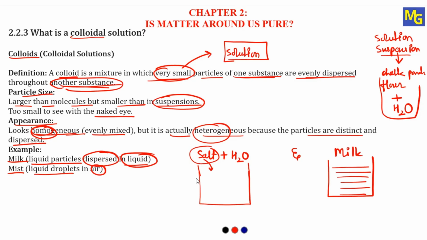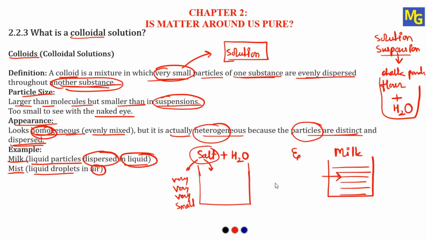Salt will be completely evenly distributed and these particles are very, very small. That's why we are not able to see any color in this solution. All are evenly mixed. Even in milk, they are evenly mixed, but still it is heterogeneous because particles are distinct and dispersed. So this is the difference between solution and colloidal solution.